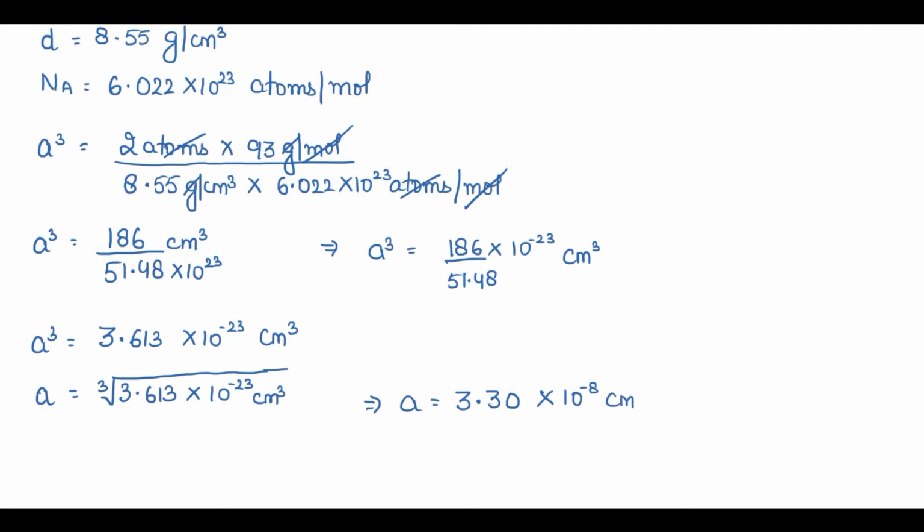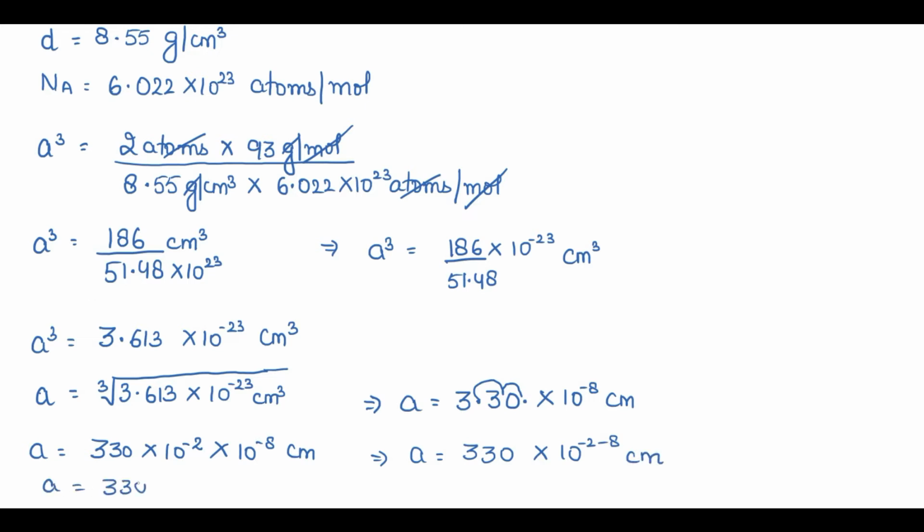If I move this decimal point up to 2 digits, I'll have 10 raised to power minus 2 into 10 raised to power minus 8 centimeter. Both powers are in multiplication and the bases are the same, so you can simply add them. So a equal to 330 into 10 raised to power minus 2 minus 8, so a equal to 330 into 10 raised to power minus 10 centimeter.